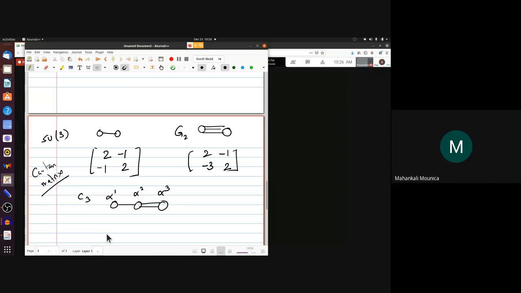So alpha 2, alpha 3 is 135. Well, what about the angle between alpha 1 and alpha 3? 90. Exactly, because there is no line between them.